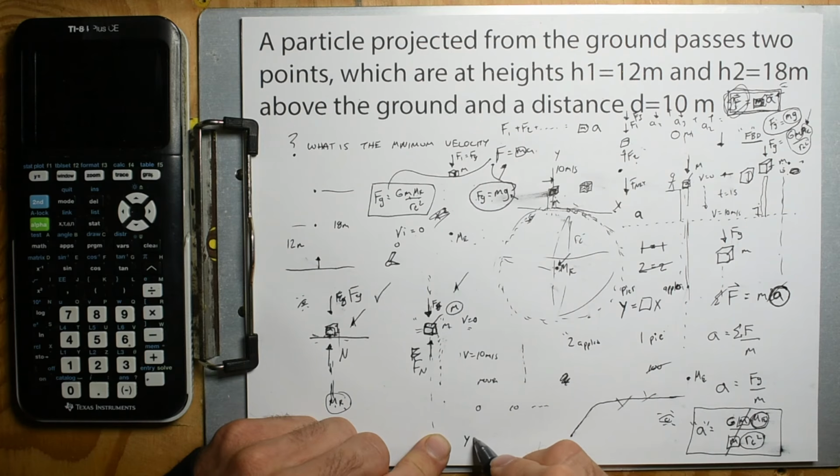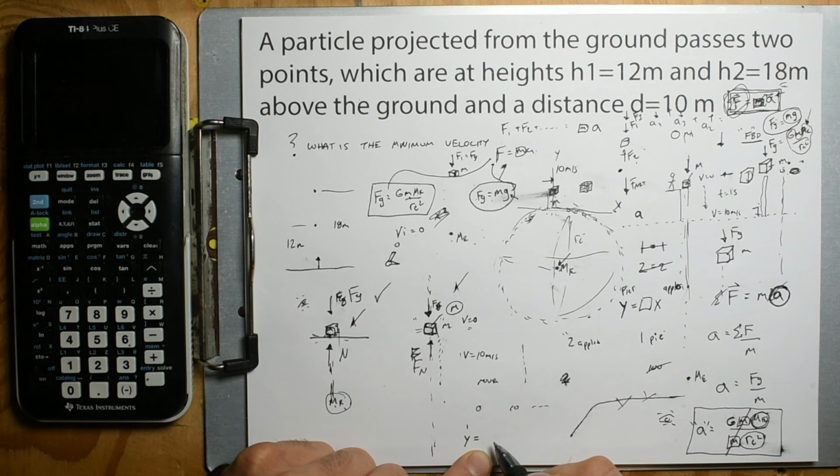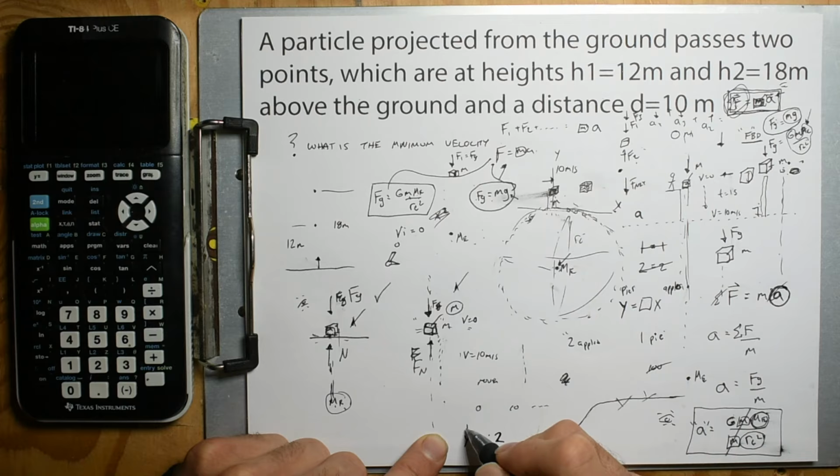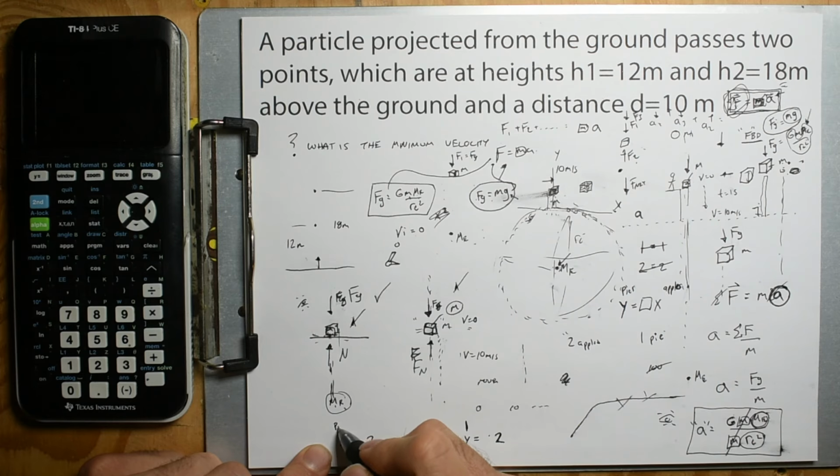I say that if this is 1 pie, this side has to be 2. So if I had 2 apples, the number 2, I get 1 pie. But now this says 1 is equal to 2. I kind of know what I'm talking about. I know that this is pies and this is apples.